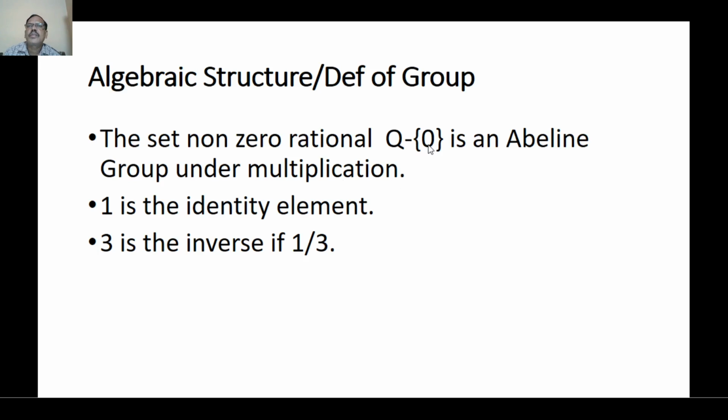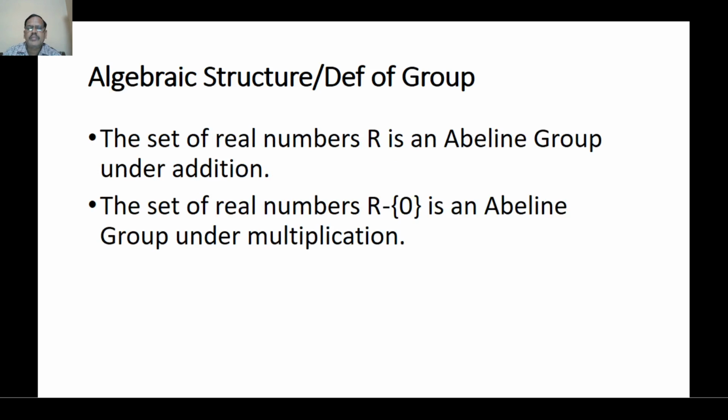So if you omit 0 from Q, then it forms an abelian group under multiplication, because it satisfies all the properties: closure, associative, and 1 acts as the identity element, and 3 is the inverse of 1 by 3, or 1 by 3 is the inverse of 3, 2 by 3 is the inverse of 3 by 2, like that. Every element has its own inverse, and hence it satisfies all the properties of a group: closure, associative, identity, inverse, and hence it is an abelian group under multiplication.